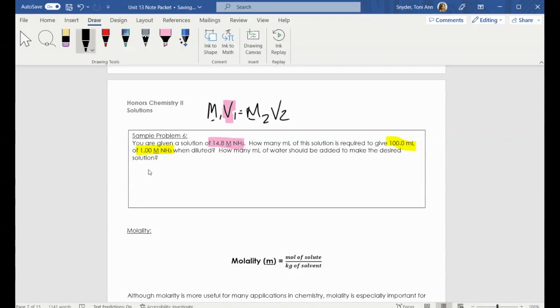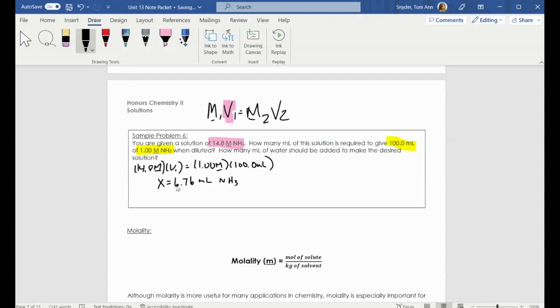So using that, let's go ahead and solve this. We're just going to plug everything in here. So I have 14.8 molar ammonia, and I want to know what volume of that I need to make a 1 molar solution. And I want 100 milliliters of that. I'm going to solve this algebraically, just like you normally would, and you would find that you would need 6.76 milliliters of that more concentrated ammonia.